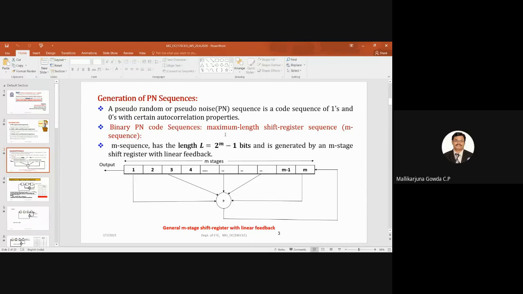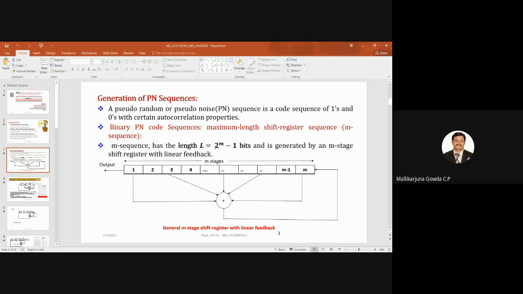If I have 5 shift registers, then 2 power 5 is how much? 32. So 32 minus 1 will be 31. That will be the length of the PN sequence. If I am using 3 shift registers, then 2 power 3 is 8, so 8 minus 1 is 7. So the length of the M sequence or PN sequence will be 7.